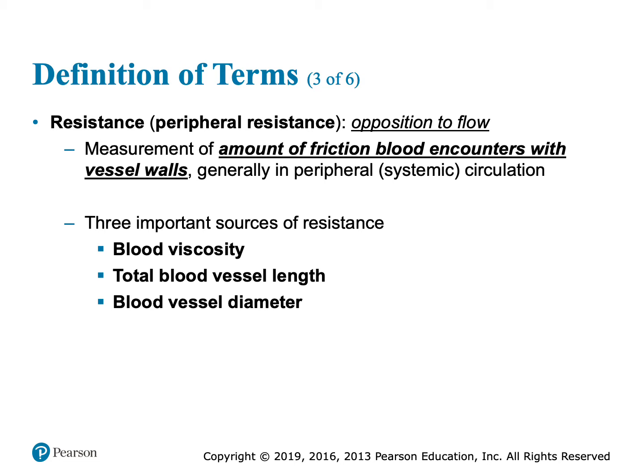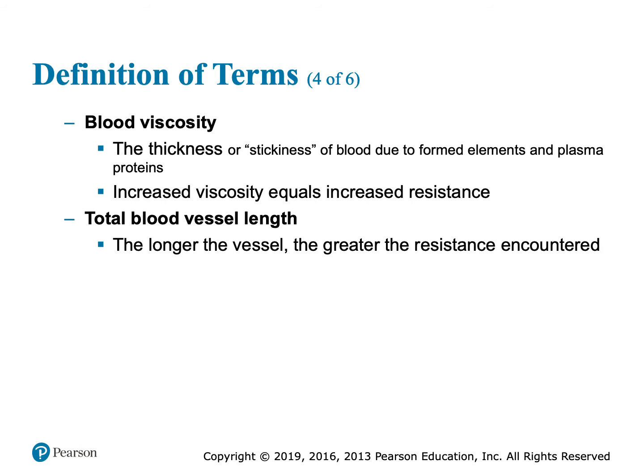Which one of these do you think is the one that changes the most? Well, I'll tell you, your blood viscosity can change somewhat, but for the most part, it's constant. If you bleed out, you're going to end up with less blood. If you're very dehydrated, it's going to get a lot thicker and sludgier.